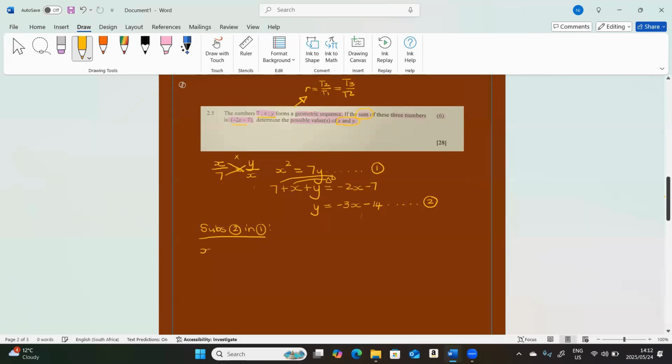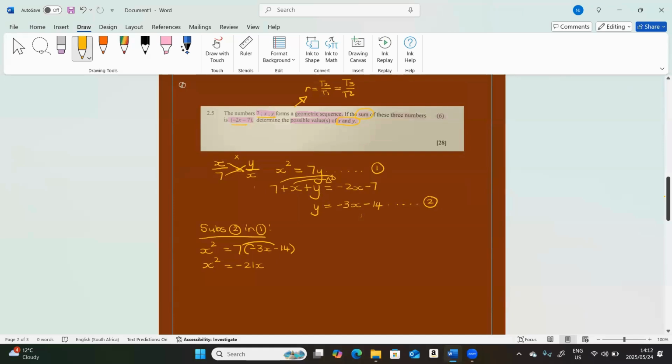So that means that it is x squared equals 7. And then in the place of y in the first equation, we are going to replace it with negative 3x minus 14. Okay, that is what we are going to do. It's as easy as that. All right. Now it's easy. We leave the x squared there, and we are going to sort out these brackets by getting the product of this bracket. So 7 times negative 3x is negative 21x.